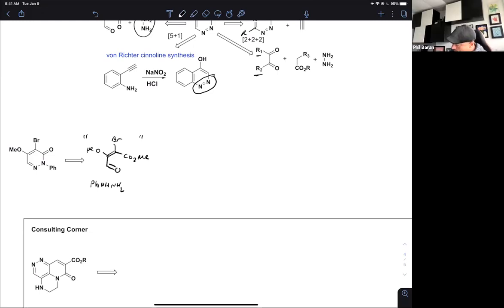And so the first thing you can do is get rid of the methoxy. Let's turn it into this compound, because we know those two bromine atoms are not equal. One of them is activated and one of them is not. This guy is ready to go. This one is going to stay put, simply because this one is kind of like a beta to an electron withdrawing group.